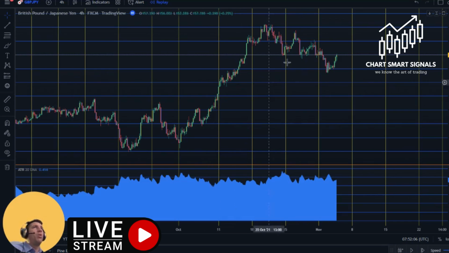Right, so what you see over here is the British pound, Japanese yen on the 4-hour chart. And what we're going to be looking for is a market condition. Remember, there's three market conditions that we look for: upward trend, downward trend, and then obviously the ranging, which is a lateral movement in price.